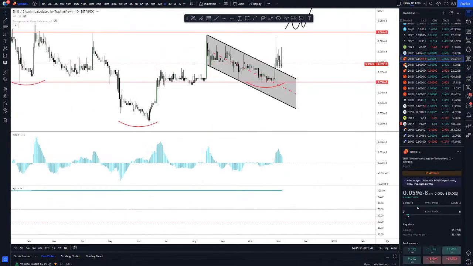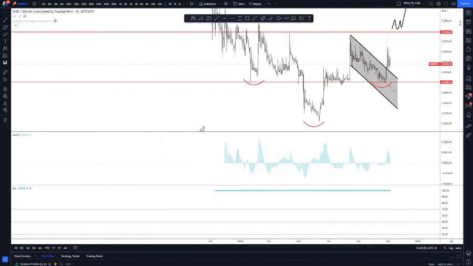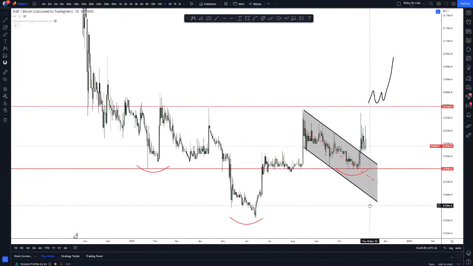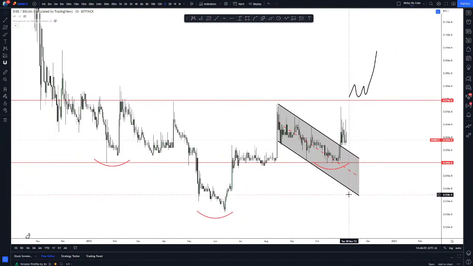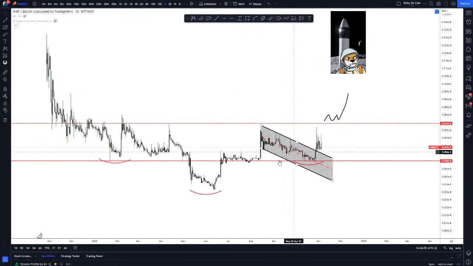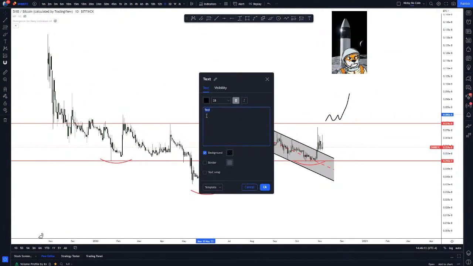Let's look at your Bitcoin pair. I don't know why it looks like this. I couldn't find any other Bitcoin pair, so if you can, let me know. But in the meantime, inverse head and shoulders. You have a neckline here. So this is your neckline.